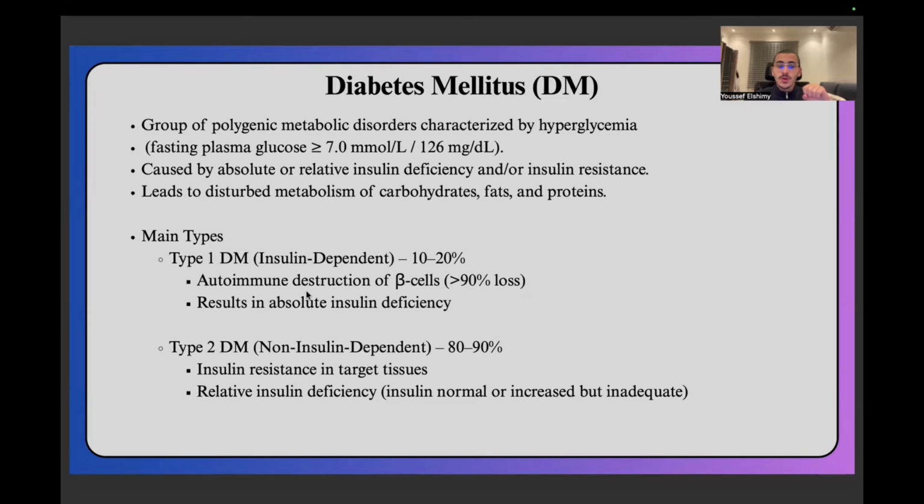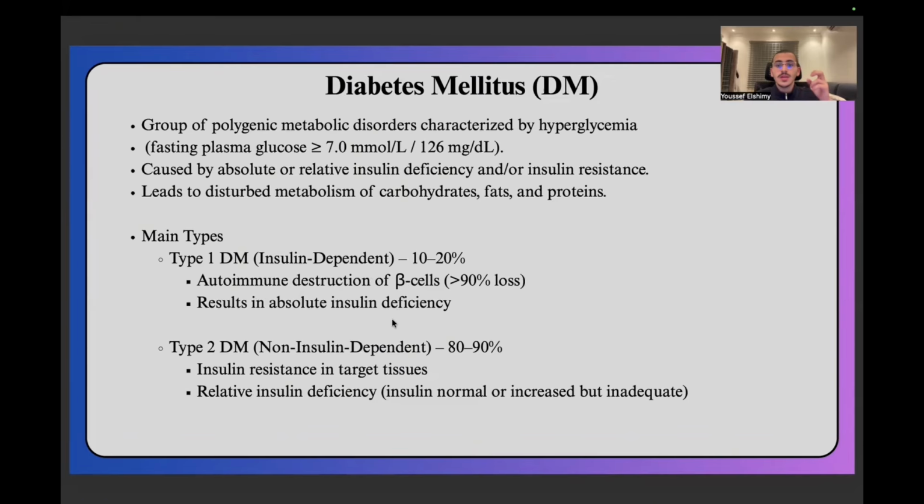Why is it caused? Because there is autoimmune destruction of beta cells, and we said that the beta cells are responsible for producing insulin. So if you have destruction of these beta cells, there would be lack of insulin, and this would result in absolute insulin deficiency.